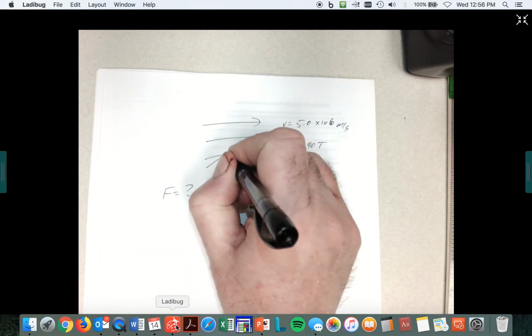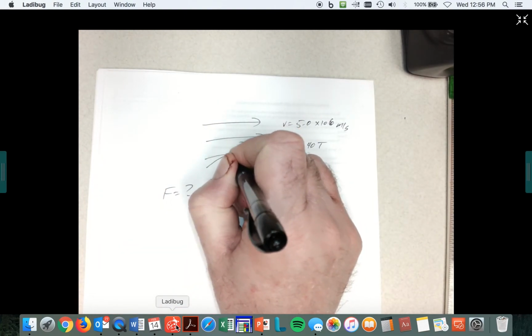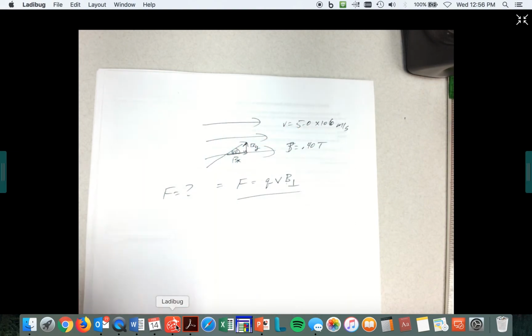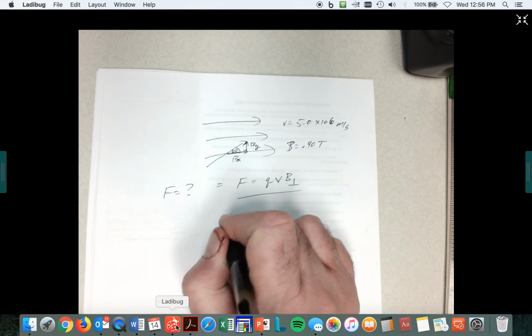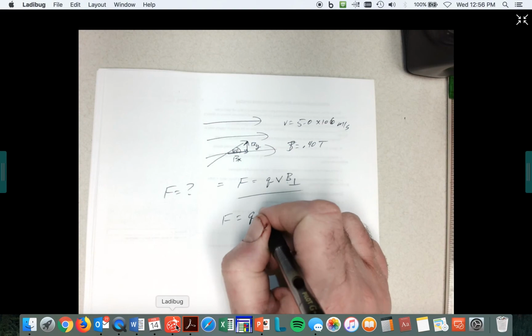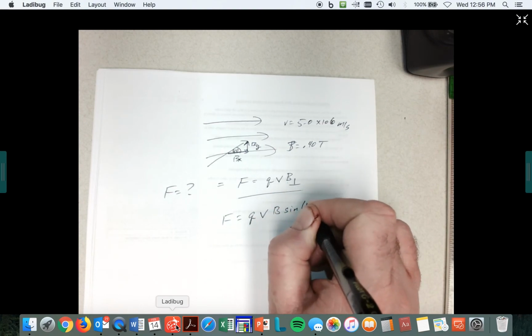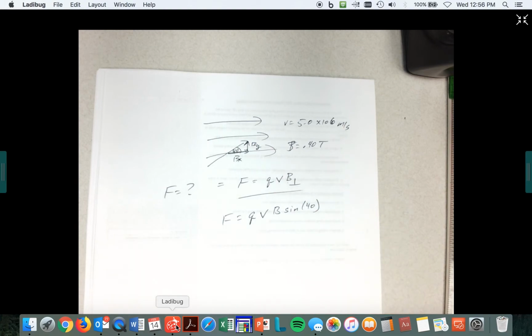So we need the perpendicular component. Here's the parallel, here's Bx. That does nothing. By is where we get the stuff. So this comes out to be F equals Q V B sine of 40. So that's the force. And this is a proton.